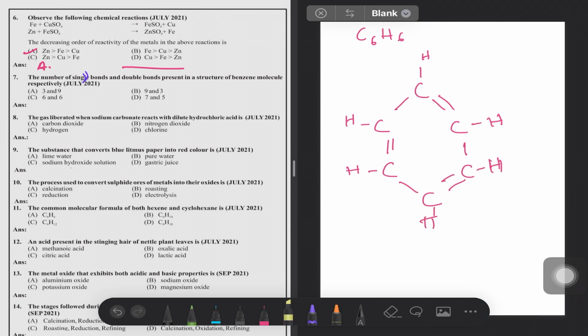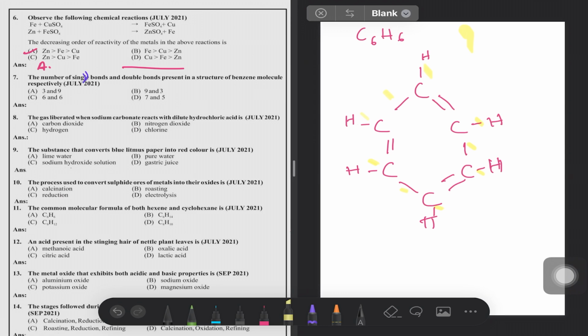Now counting the number of single bonds, since they have asked single bonds first, it is 1, 2, 3, 4, 5, 6, 7, 8, 9. So we have 9 single bonds.